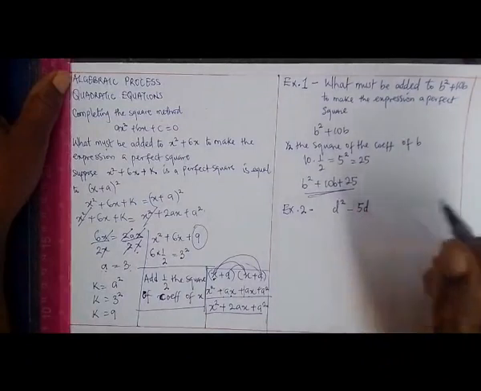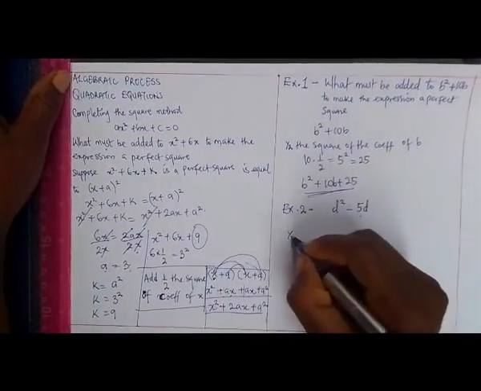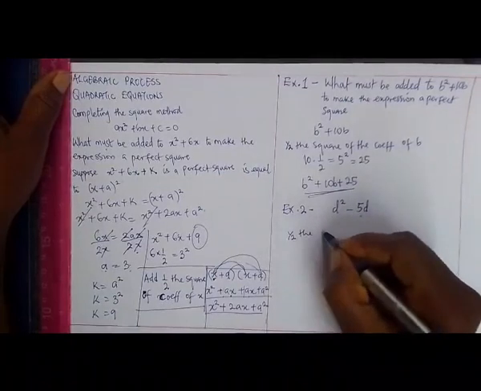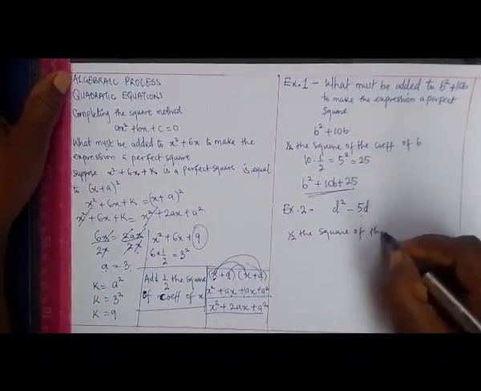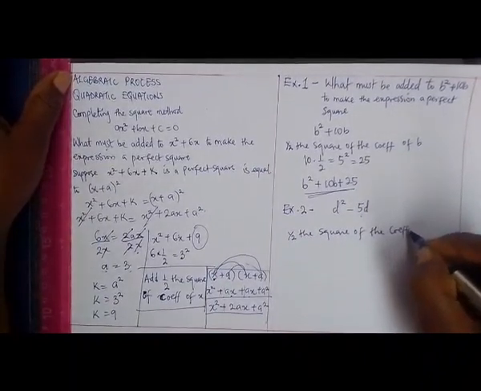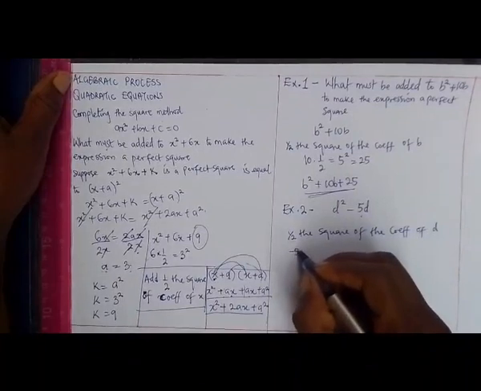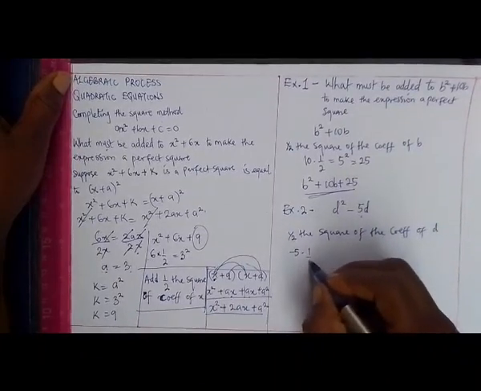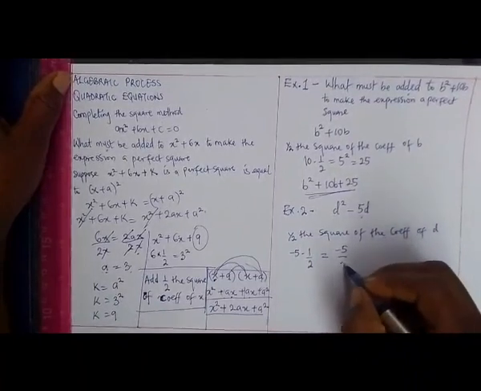What must be added to d squared minus 5d? Recall what we said: the square of half the coefficient of d. So half of minus 5 is minus 5 over 2.